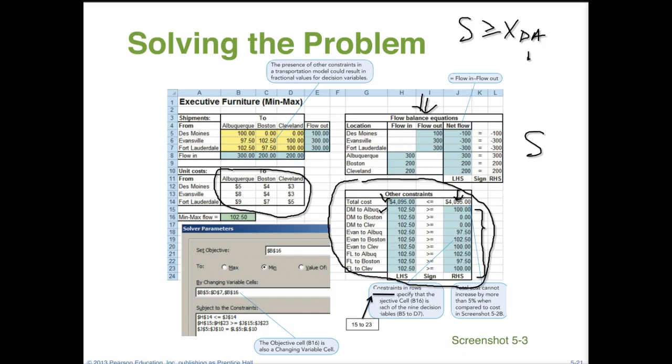And thus, we're spreading out our risk just in case something happens to one of our factories. And again, when we set this up, of course, if you notice here, you're going to minimize cell B16. And B16 is this cell right here, which is the max min flow. Okay.